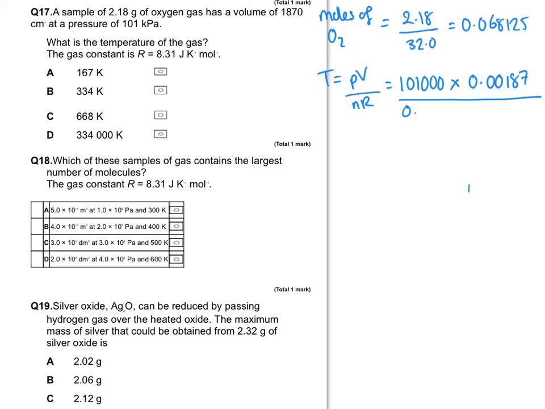N is what we worked out in the first equation, and the gas constant's given to us in the question. That gives us an answer of 334 Kelvin, which is B.